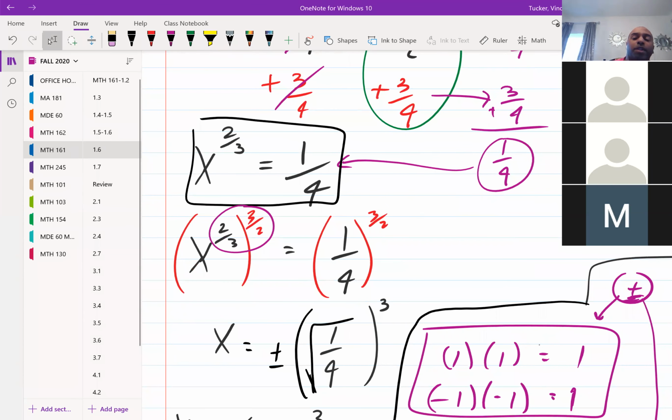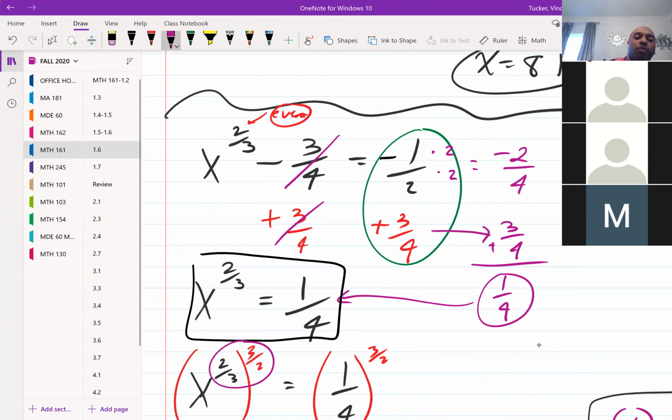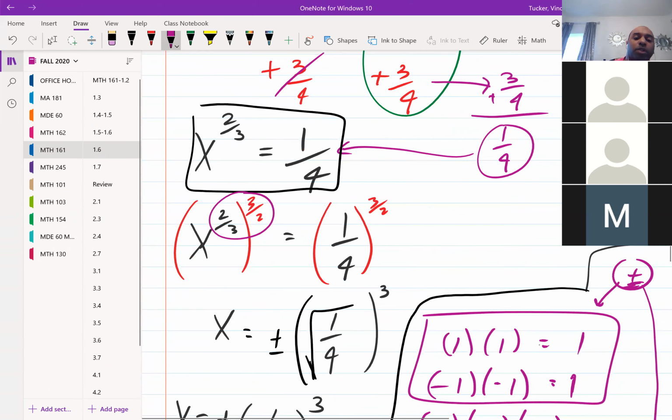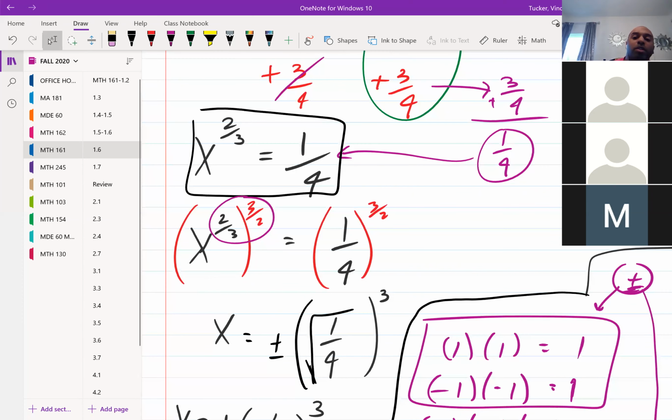And also don't forget, we started out with an even numerator. So I need to use plus or minus because that square is going to be at the bottom, which would be a square root. So you see what the result is. We're going to take the square root of 1/4 and we're going to cube it. So once again, this is the power and this is the radical or the root.